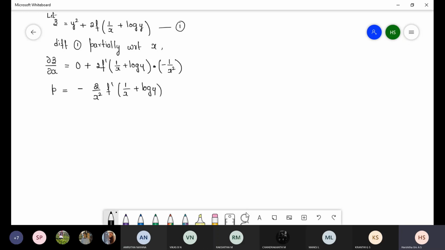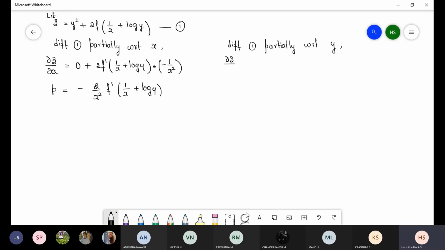Next, here only I will write differentiating 1 partially with respect to y. Differentiating equation 1 partially with respect to y.